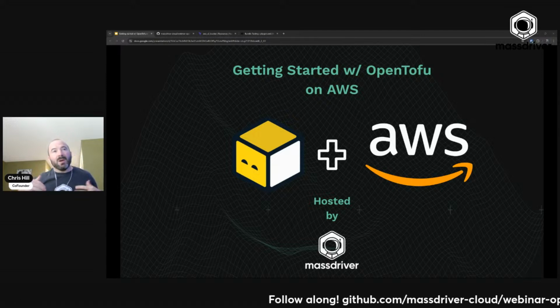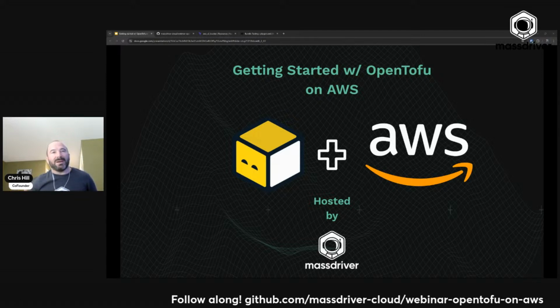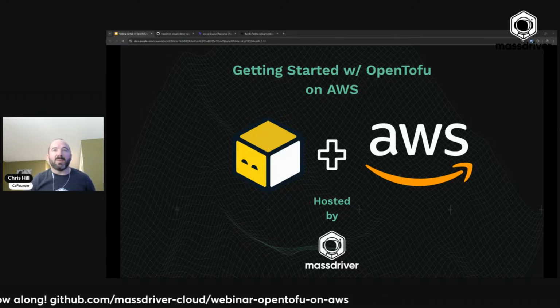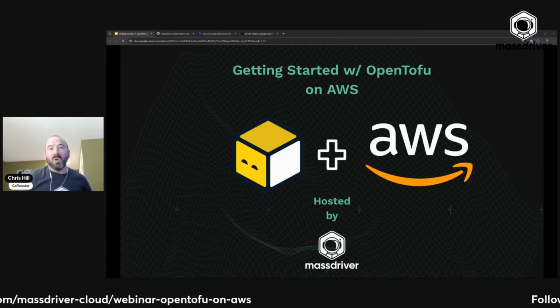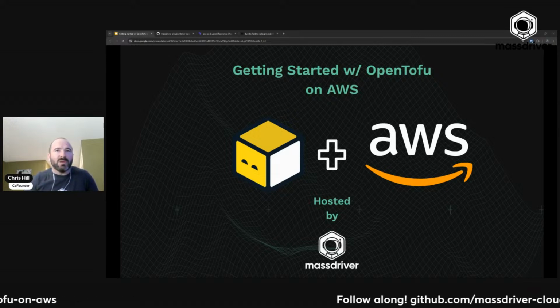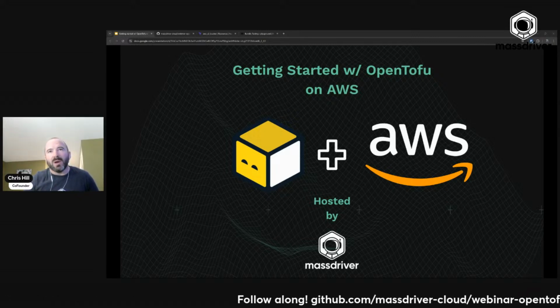So today, what we're going to be going over is getting started with OpenTofu, specifically on AWS, which is where I have the most experience, though I've worked across all three clouds. This demo is going to be specific to working in AWS.